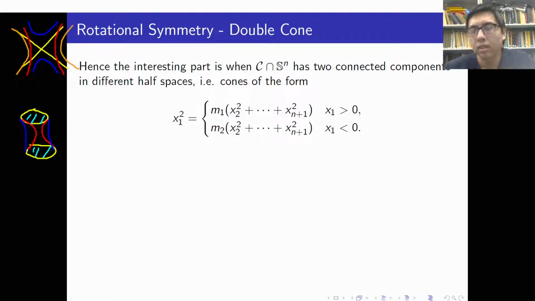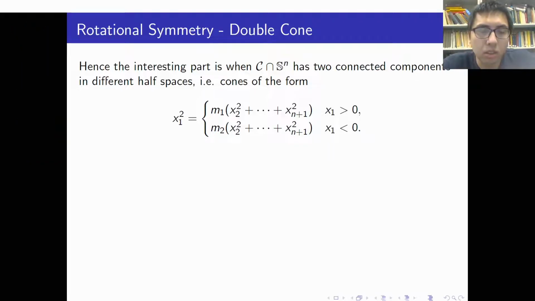When the link has two connected components, we have to require in addition that they lie in different half spaces. So a cone that looks like this will not be allowed: a thin cone here with a fat cone outside in the same half space.